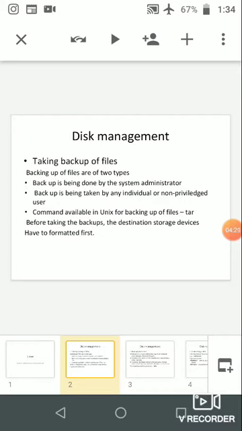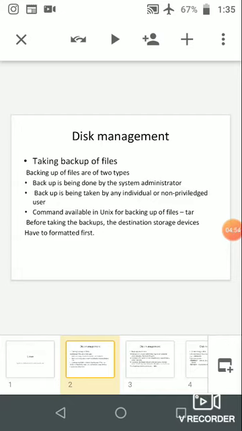And this type of backup is only the concern of the individual user, especially the non-privileged user, meaning the common user under the system. It is comparatively less important than the backup process done by the system administrator.